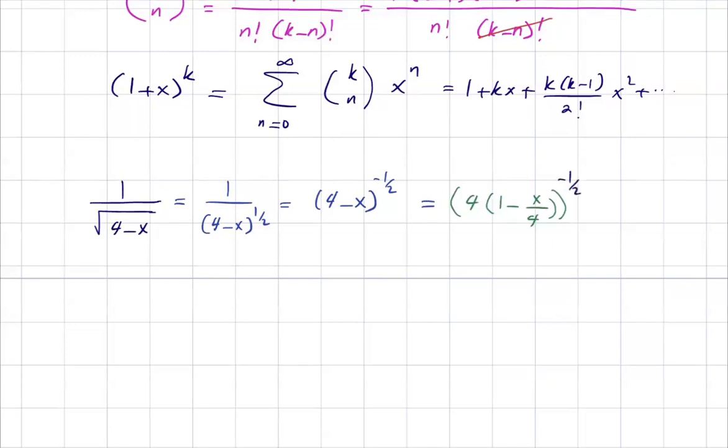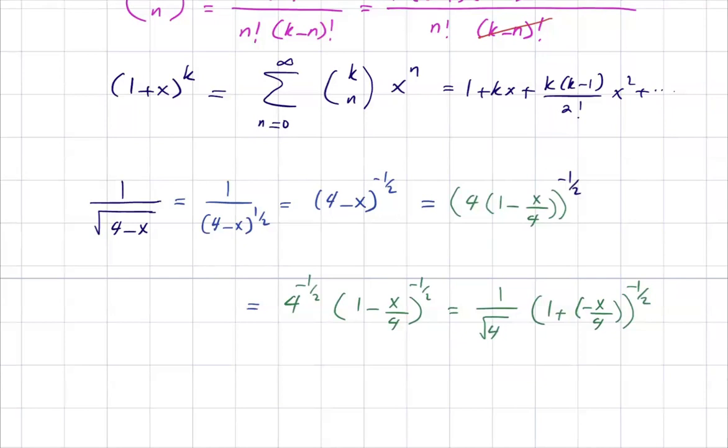So I just factor out that 4. It becomes 4 to the power negative a half, times 1 minus x over 4 to the power negative a half, which is nothing but 1 divided by the square root of 4, times 1 plus negative x divided by 4, all raised to negative a half.